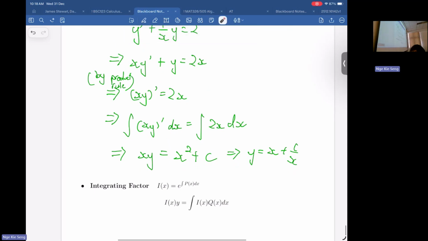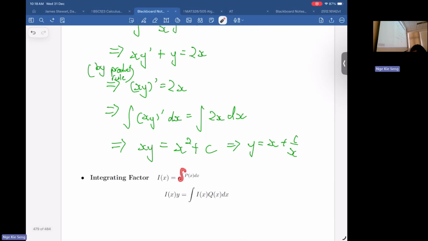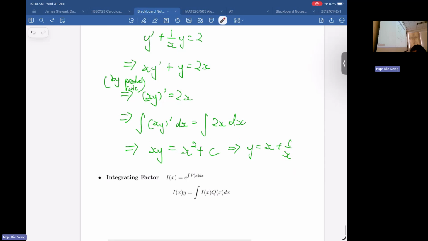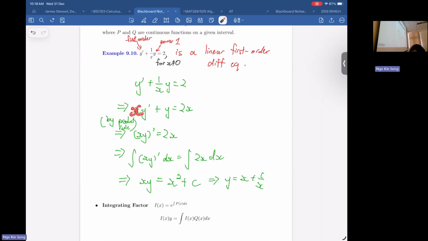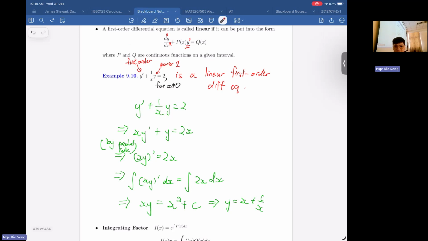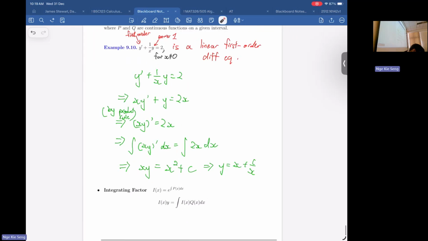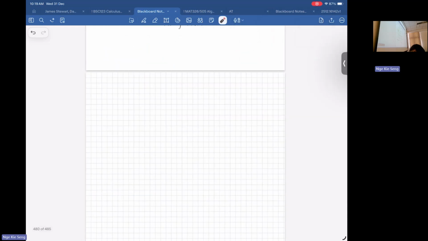Actually, this is what we call the integrating factor. I(x) equals e to the integral of p(x) dx. I think we don't need to care about this for the moment. This is how we determine what we want to multiply by. Should we try it? Let's try this first, and then we'll see why it works.